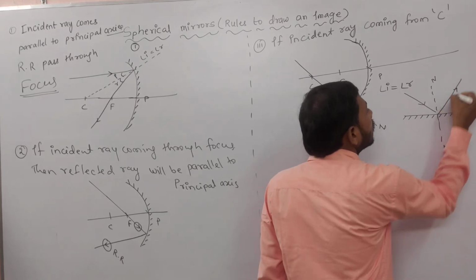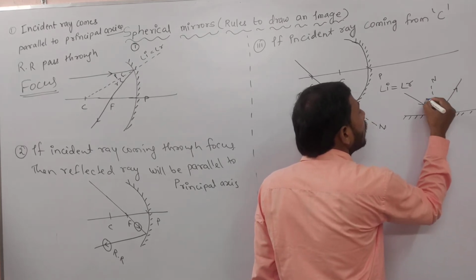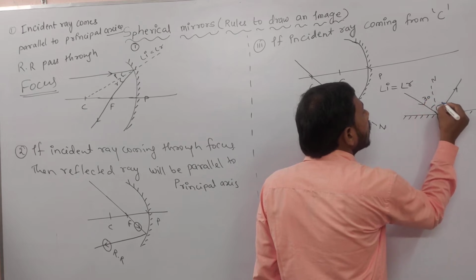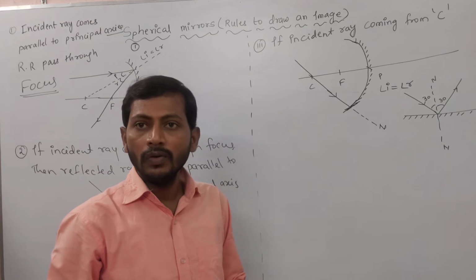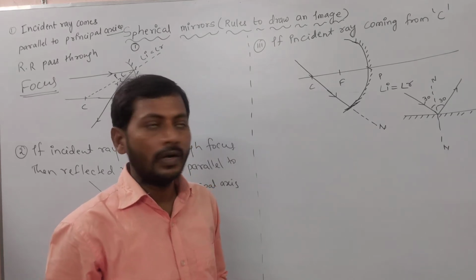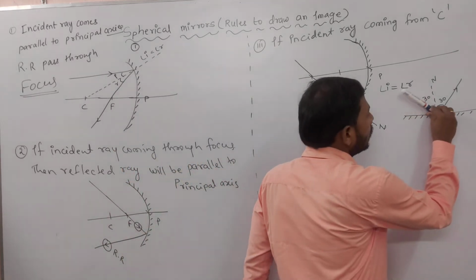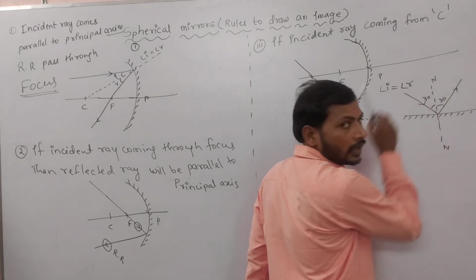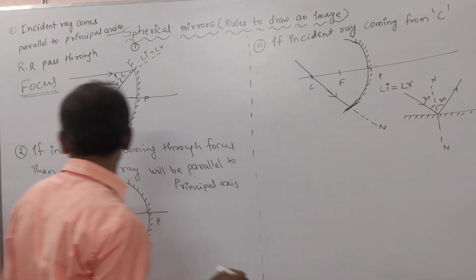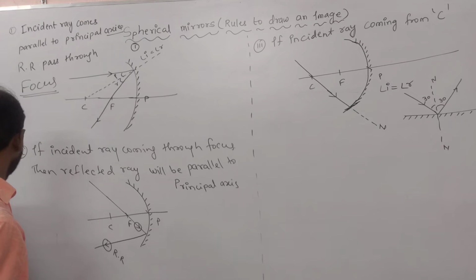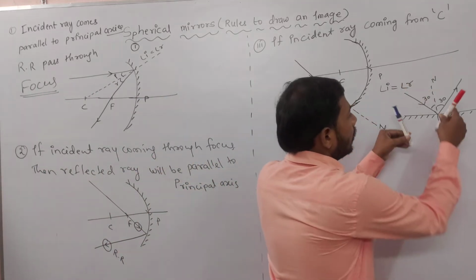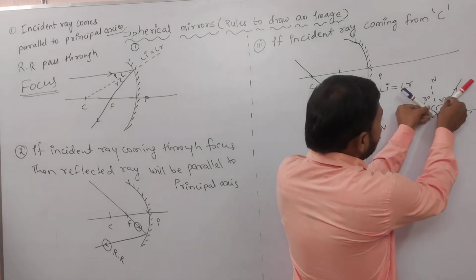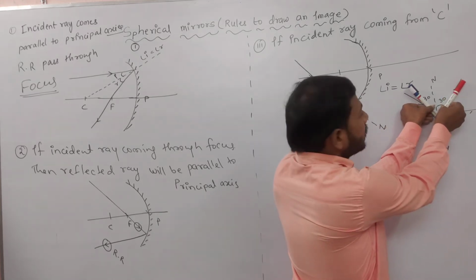This is the reflected ray. If the angle of incidence I have taken is 30, the reflection also is how much? 30, you know very well. Now what I am asking, please try to understand. If the incident angle is 30, the reflected angle is also 30, then I am going to do like this. Just see here, the red one is the reflected ray, the blue one is the incident ray.